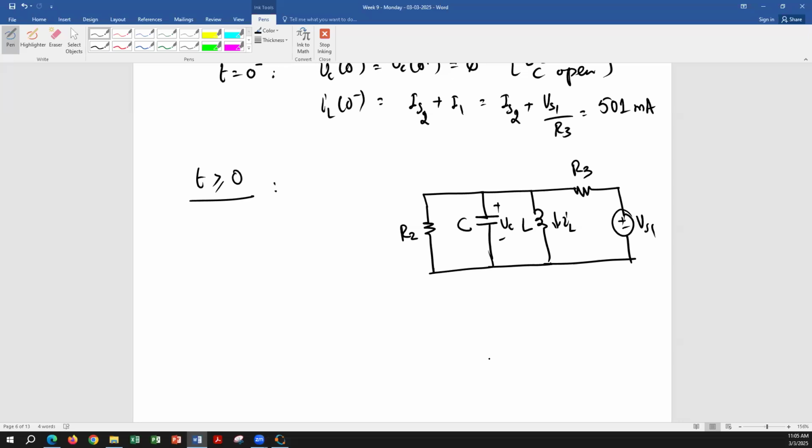If you remove VS1, then R3 and R2, how will they be connected? Removing VS1 means what? What are you going to do with VS1? Short circuit, right? So if you short that source, look at R3 and R2, how will they be connected?